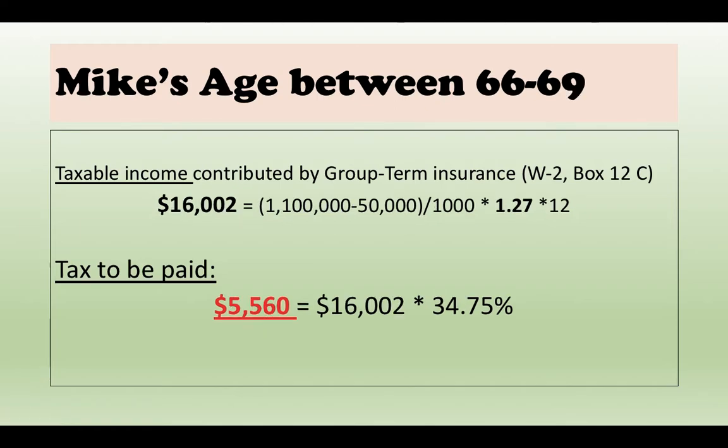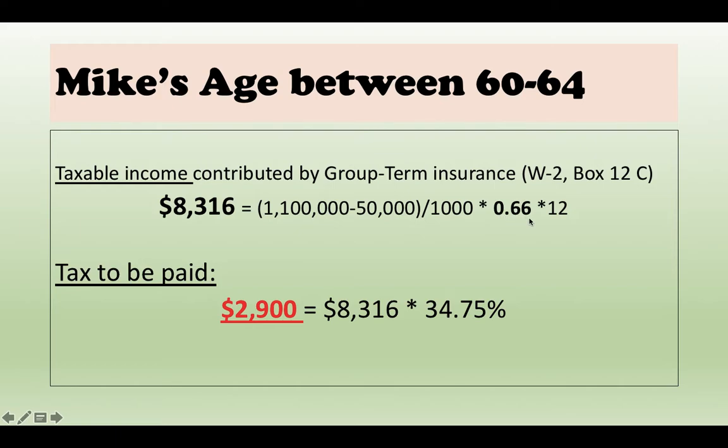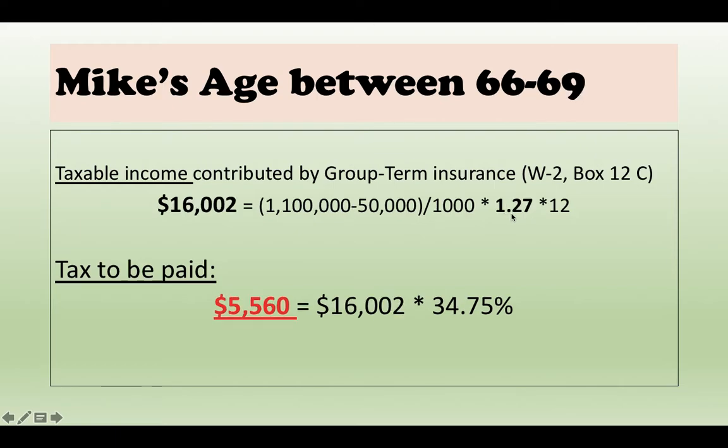Then I'm going to quickly show you if your age is between 66 and 69. I showed you earlier that this factor increases based on your age group. This factor goes from 0.66 up to 1.27, which increases your taxable income to $16,002. This is a big increase, almost double your taxable income.